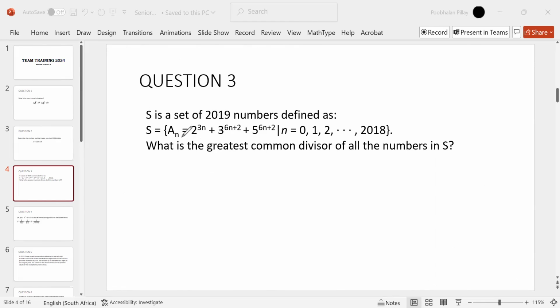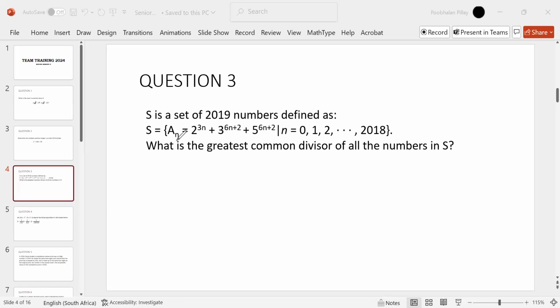All right, now you got S is a set of 2019 numbers, or you got the numbers S are of this form here, and n varies. n could be 0 or 1 or 2. There are 2019 values for n, and therefore there are 2019 such numbers, because each time you put in a number, you get an answer.